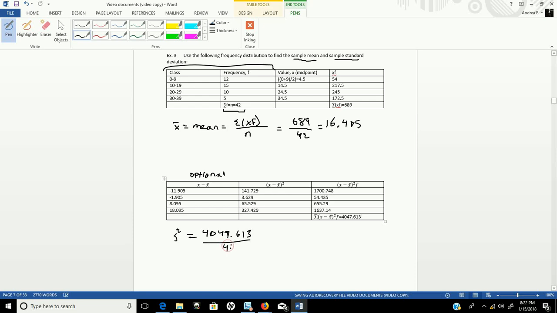So remember, for finding your variance, this is always your n minus 1. Because we're dealing with a sample standard deviation once again and a sample variance. So if we divide that out here, looks like I get about 98.722.